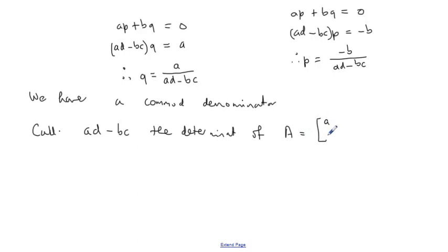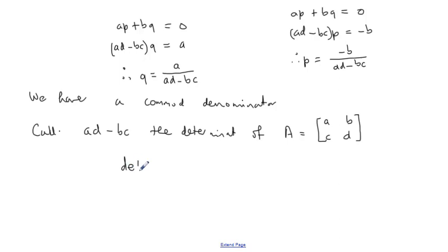What was the matrix? It was A, B, C, D. That was the matrix. So we call this determinant of A. Notation is very important.